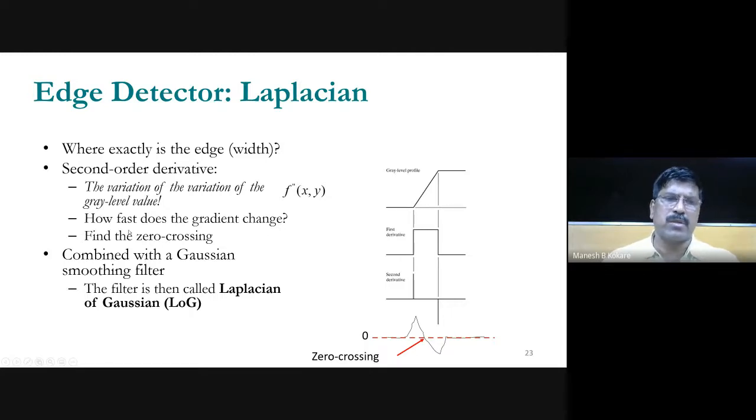We have to see how fast the gradient changes and find the zero crossing, and we also have to combine it with the Gaussian for smoothing the image, so that the noise is removed. But first we'll see what happens with only the Laplacian, what kind of problems you get, and then how those problems are overcome by using the Laplacian of Gaussian, and so on.